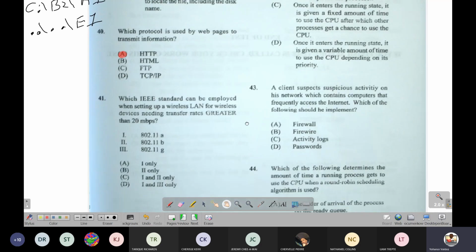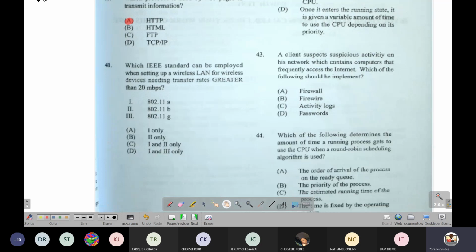Which IEEE standard can be employed when setting up a wireless LAN for wireless devices needing a transfer rate greater than 20 megabits per second? A was a 5 gigahertz network. I think it had more than 20 megabits per second. B was 2.4 gigahertz, which did not give you the speeds.